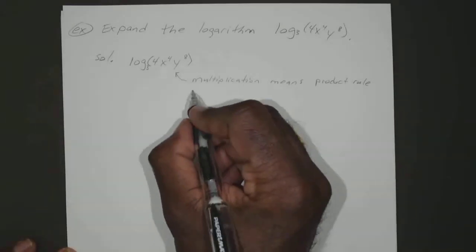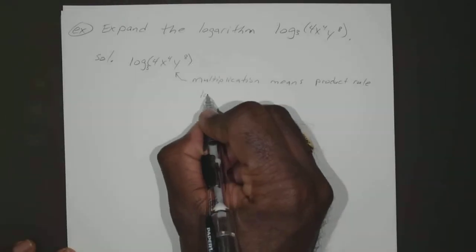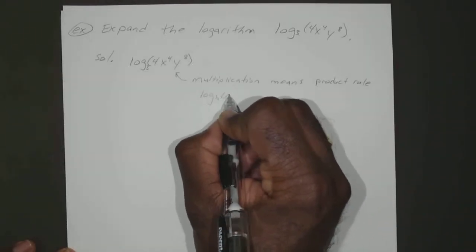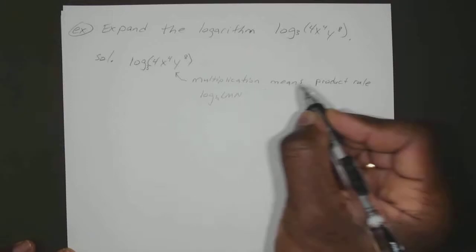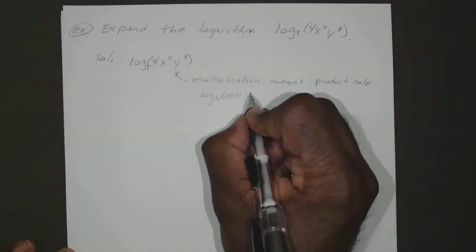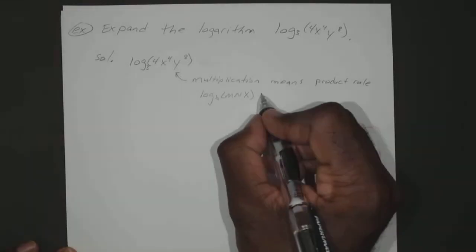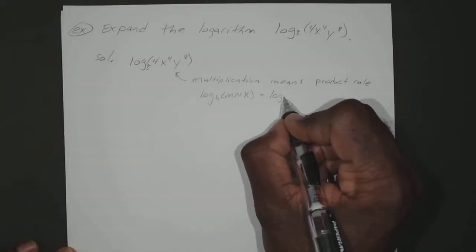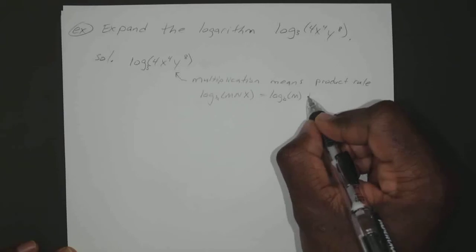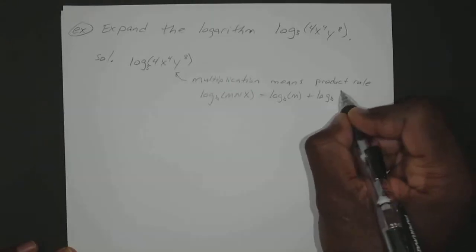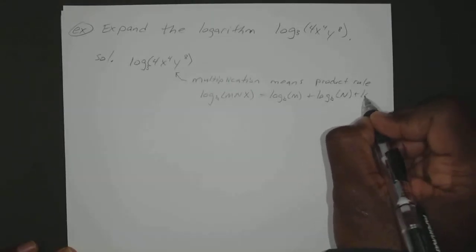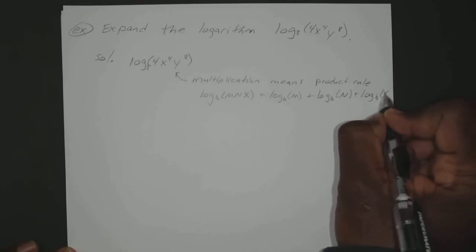Which means we have the log of m, let's say mnx. In this case, you have 3 terms. That's going to equal log base b of m plus log base b of n plus log base b of x.